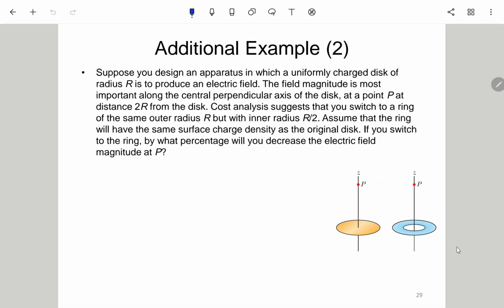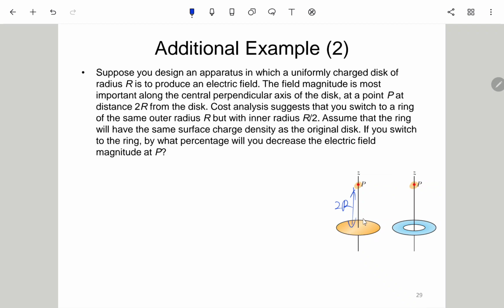So we will consider the E field generated at point P, which is at 2R distance from the disk. Cost analysis suggests that you switch to a ring of the same outer radius R, but with inner radius R over 2.